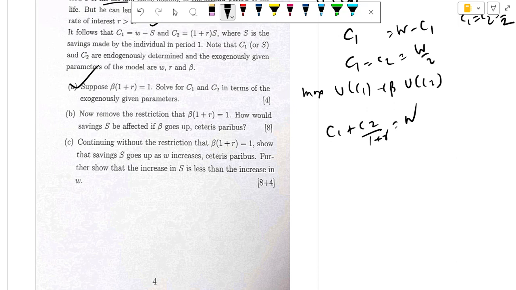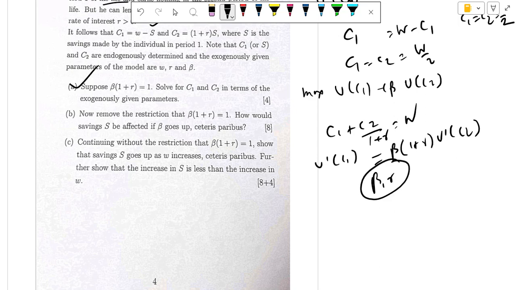The first order condition of this interior optimum is u'(c1) equals beta (1 plus r) u'(c2), given the assumptions that the first order is positive, second order negative. This condition defines that the optimal values of c1 and c2 must be a function of beta and r. This is for sure. So let's consider the effects of an increase in beta, holding everything else constant.